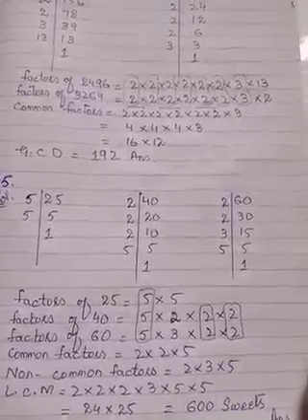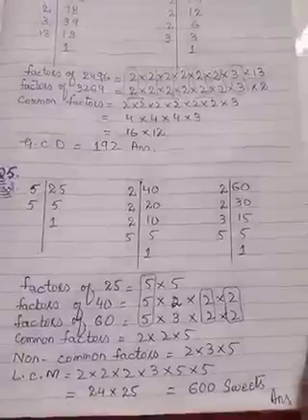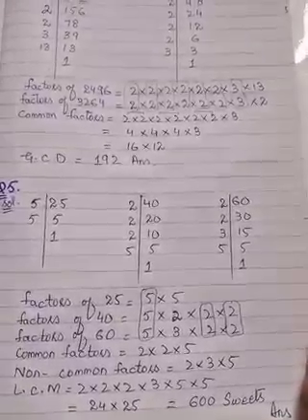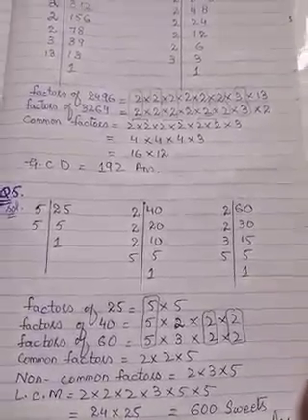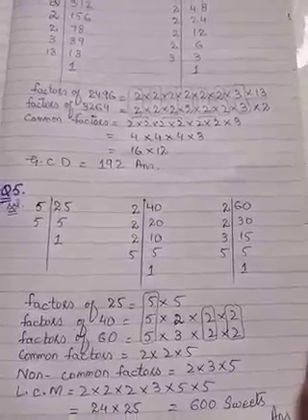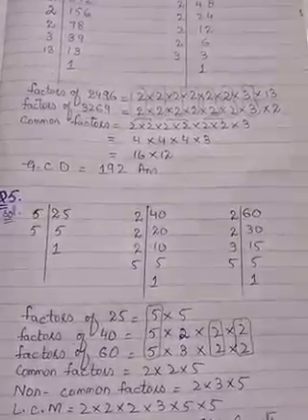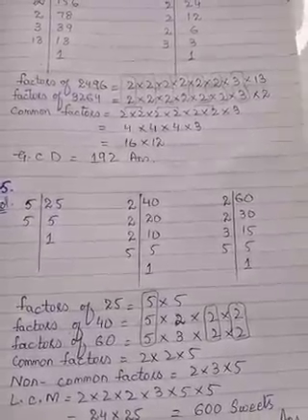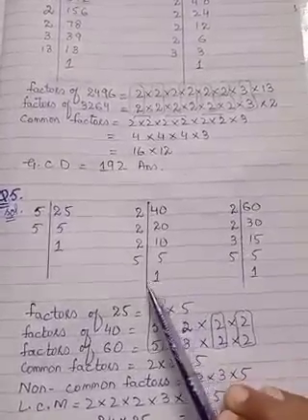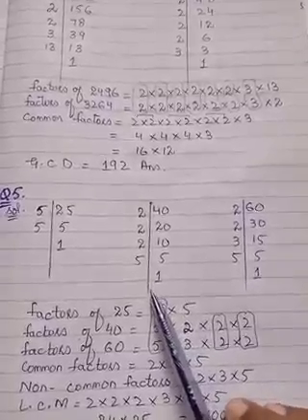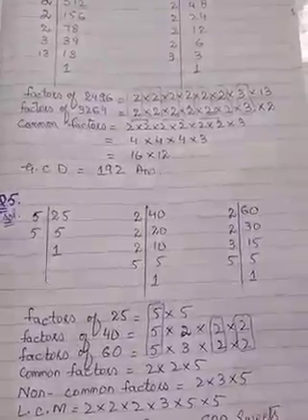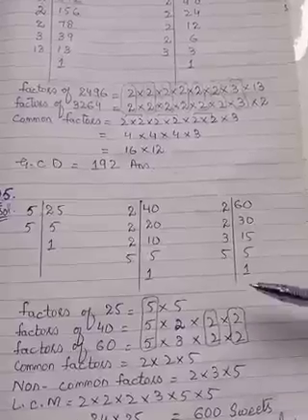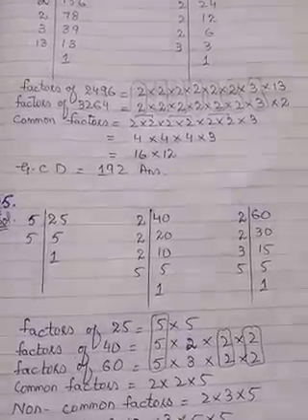As we know, we have learned 3 methods to find the LCM: by set of multiples, by factorization, and by division. You can go for any method, but the method of factorization is quite safe and easy. This method reduces the chance of mistakes.